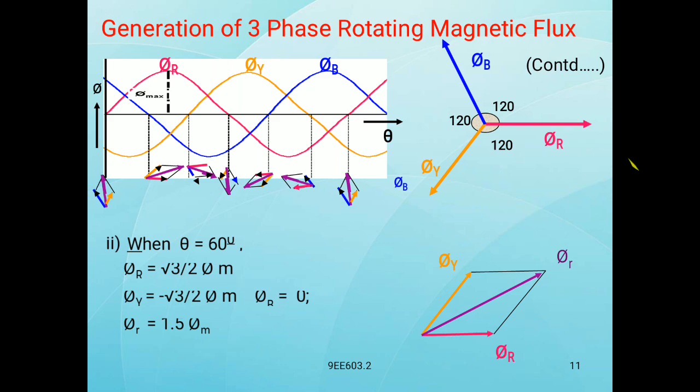See here the vector diagram is drawn, where the resultant vector is of φy and φr.